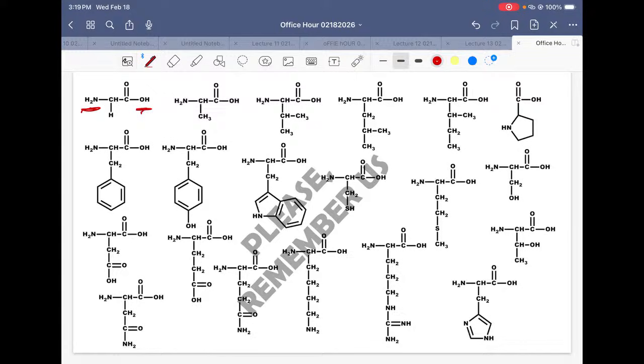How do you know what's number 3 if you don't know where to start counting? So that's very important. Know the blue and the red, that's the N and the C terminus, because then we can situate the counting and the location of those.